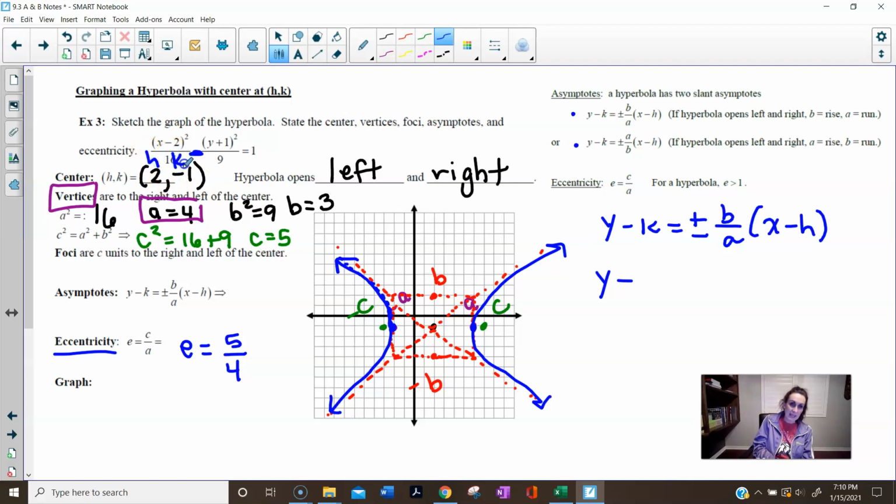And here's my k. So it'd be y subtract negative 1. So y plus 1 is equal to plus or minus B over A. So B happens to be 3 and A happens to be 4. So 3 over 4 times x subtract h, and h is 2.